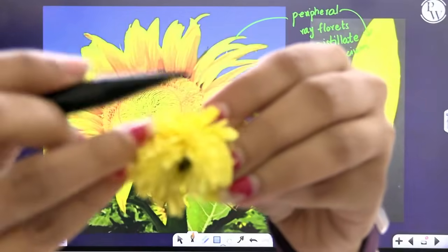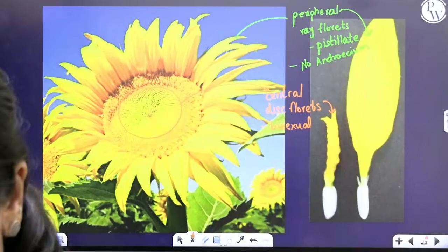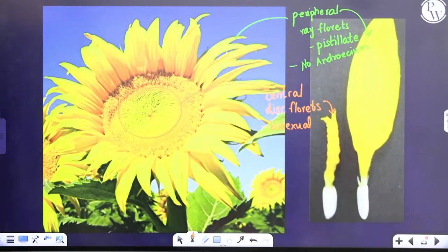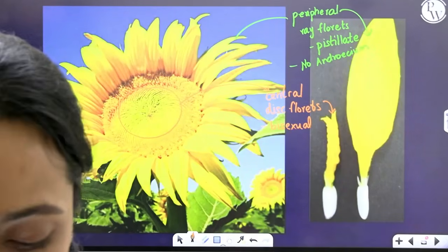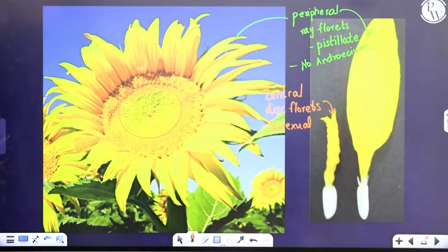Okay, I will remove all the ray florets and show you just the disc florets. Just give me 1 minute. Again, since the focus of the camera is adjusted to the board, it may not be very clear, but if you have such a flower at home, you can take it and have a good look at it.